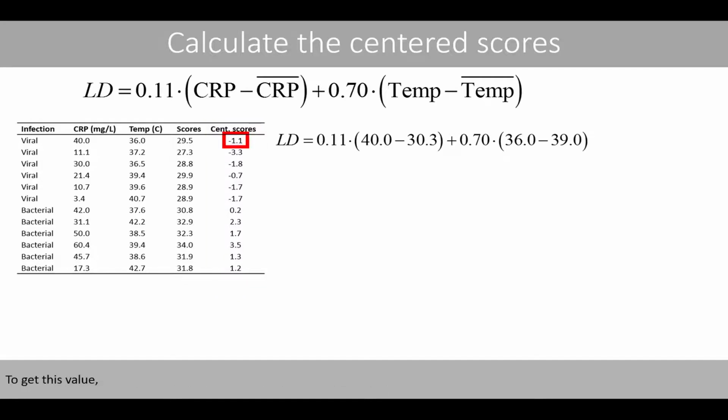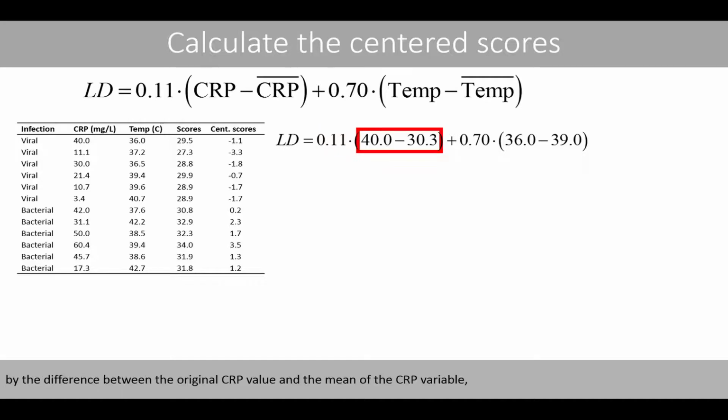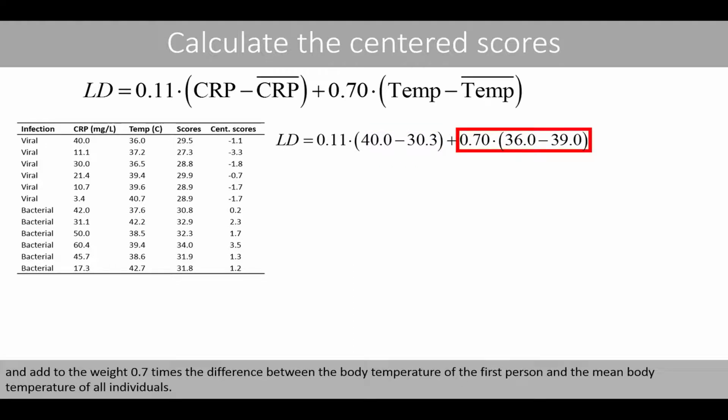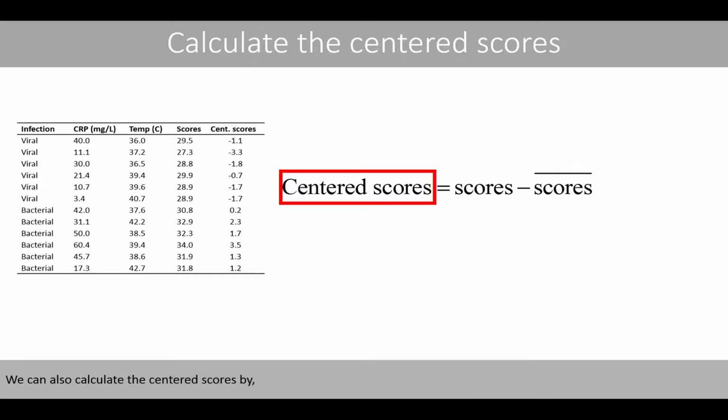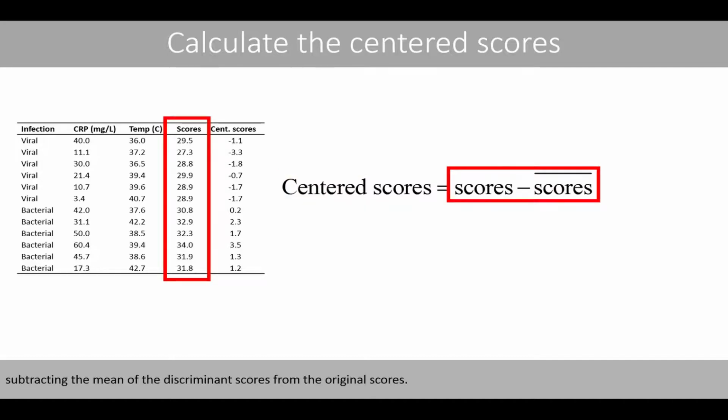To get this value, we multiply this weight by the difference between the original CRP value and the mean of the CRP variable, and add to that 0.7 times the difference between the body temperature of the first person and the mean body temperature of all individuals. We can also calculate the centered scores by subtracting the mean of the discriminant scores from the original scores.